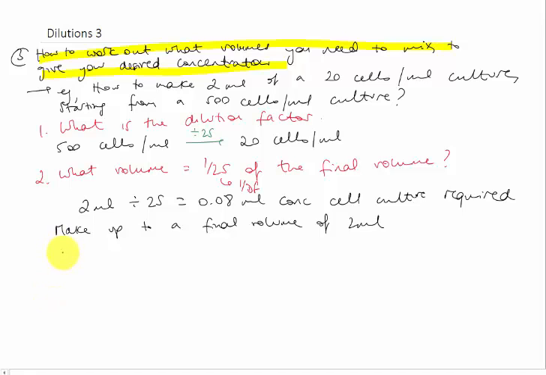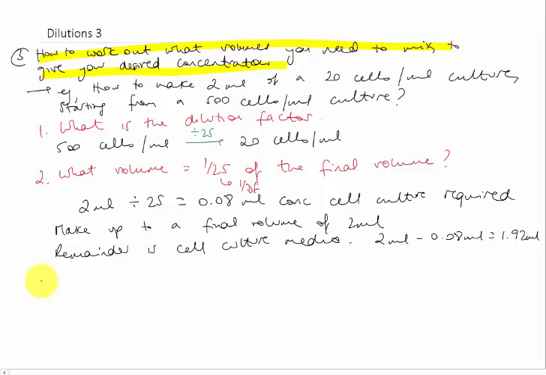So in this case the remainder is the diluent, so probably buffer or media, sorry, that's the word I meant to use. That's 2 mils minus 0.08 mils, which is 1.92 mils.